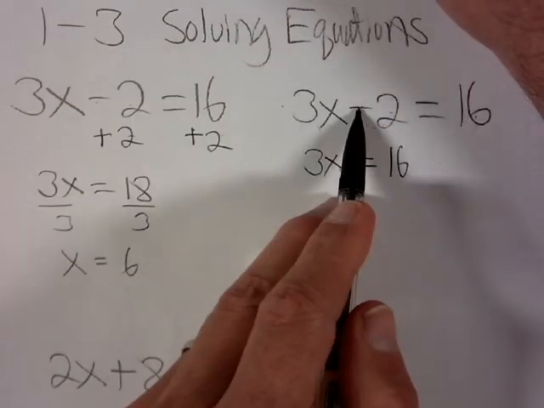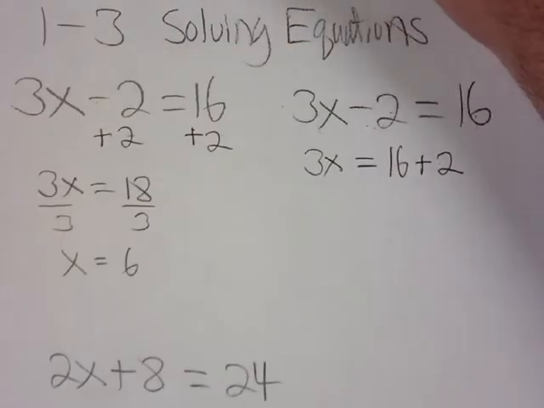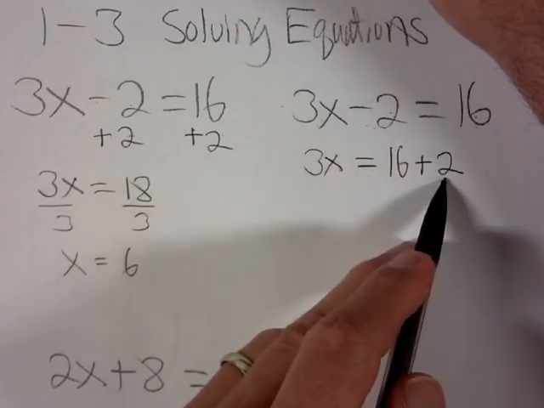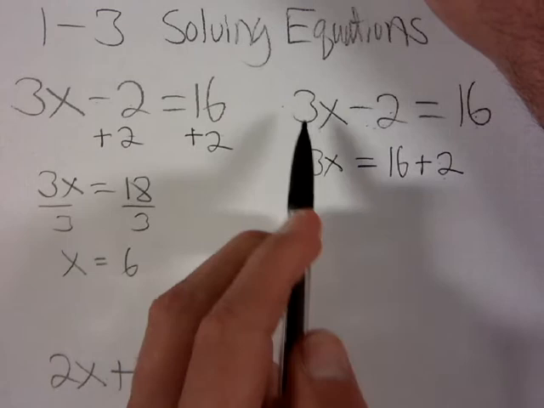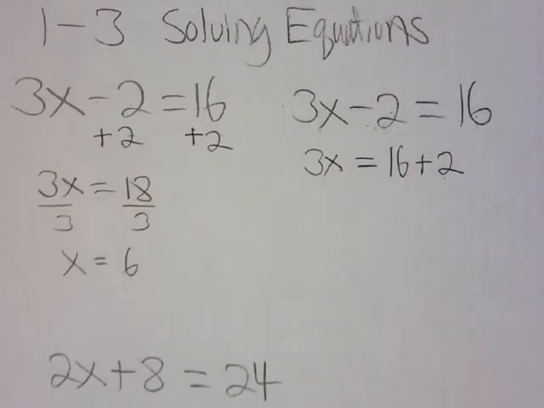Now, if it was minus 2 on this side, it must change to plus 2 on this side. We've taken this 2 and moved it from one side of the equal sign to the other, and we changed its sign. So you can move around any term you like as long as if it goes across the equal sign, it must change signs. So keep that in mind.